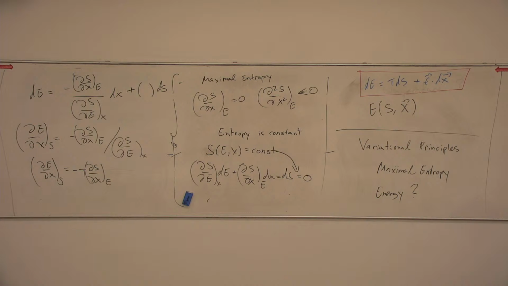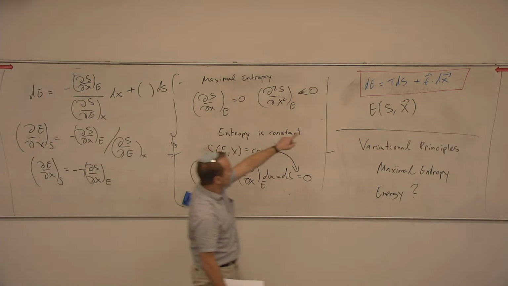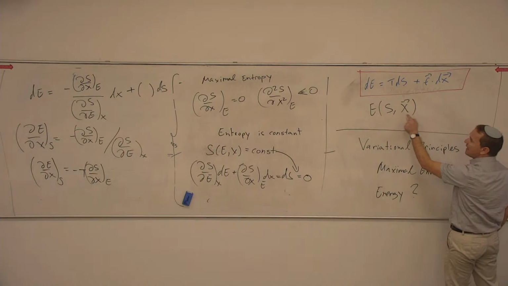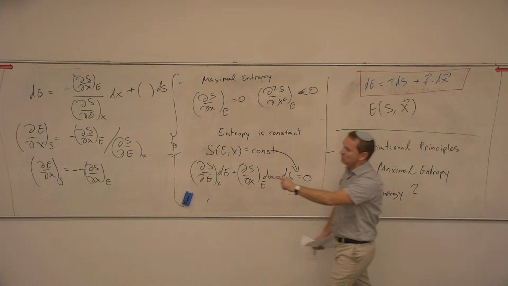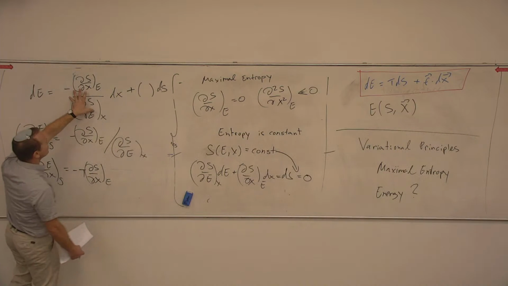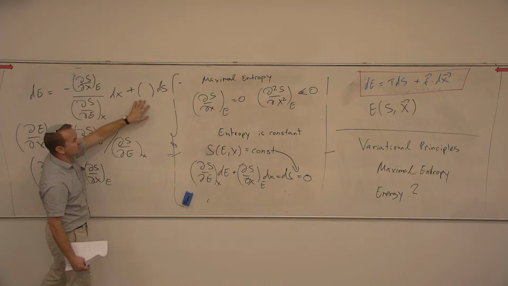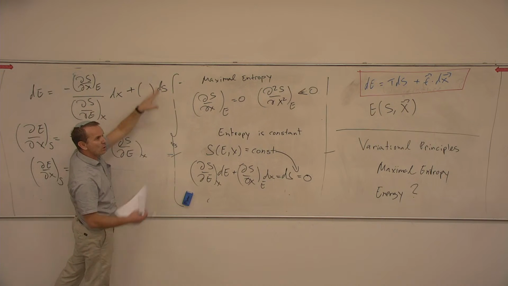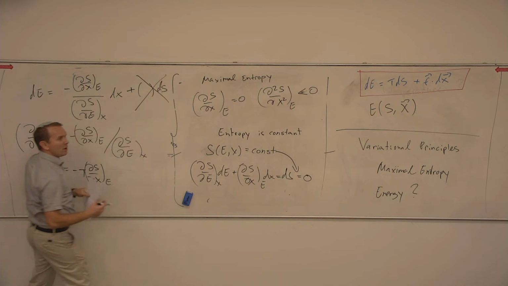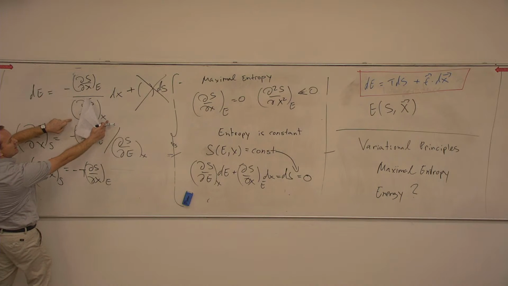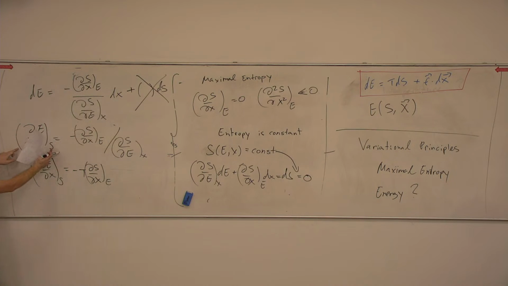Exactly, because in general, energy is a function of s and x. So when I write down the differential, it is something multiplied by dx plus something multiplied by ds. But ds is 0, so we forget about this part, and whatever stands at the dx part is the partial derivative of E with respect to x at constant s.